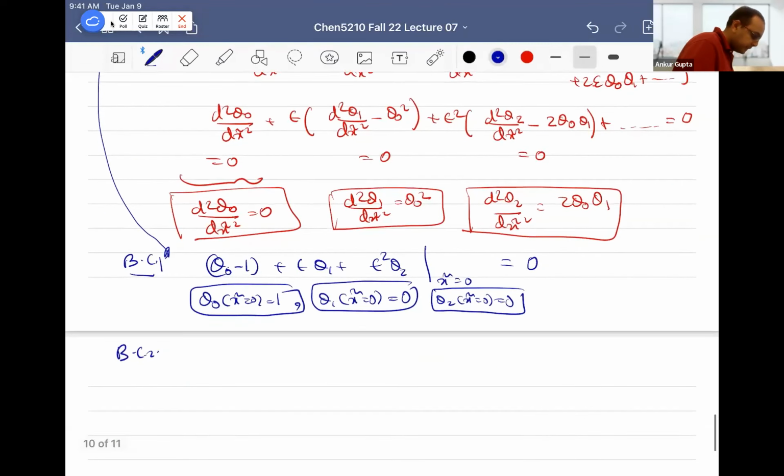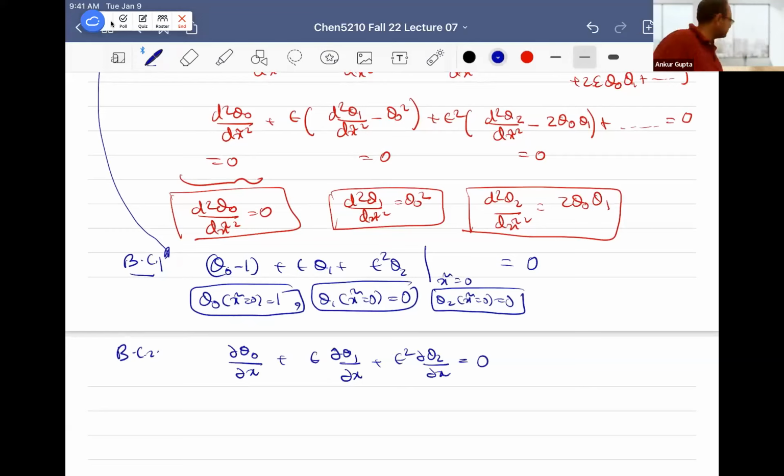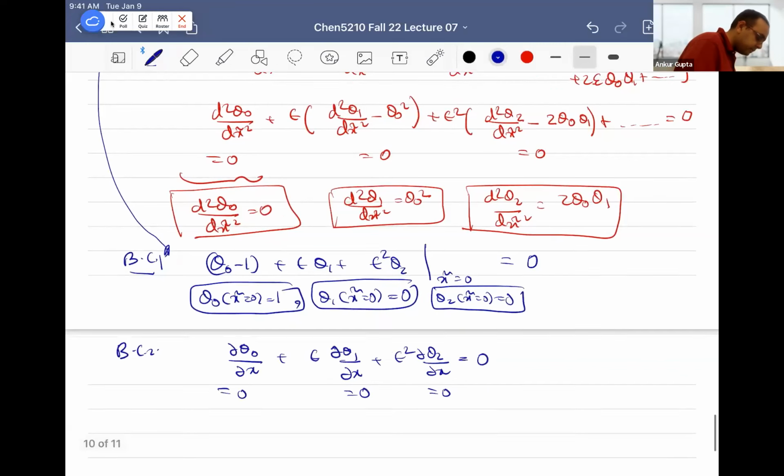It will simply come out to be ∂θ₀/∂x. There is no right hand side, so you simply state this, and each of them individually goes to 0.